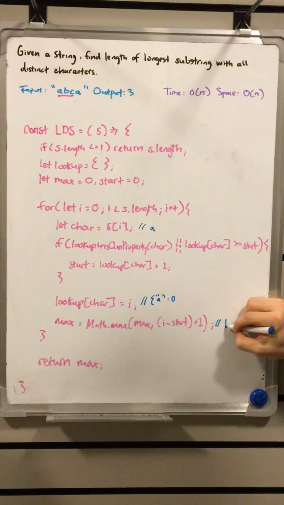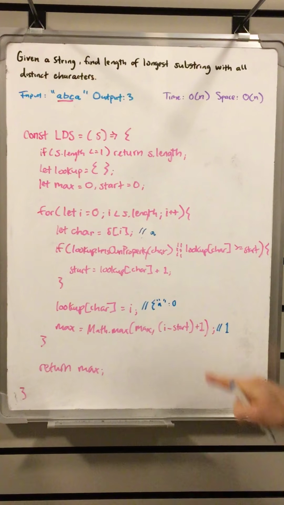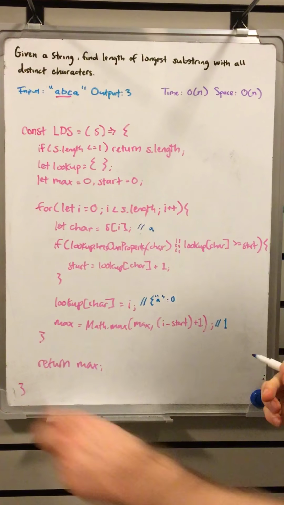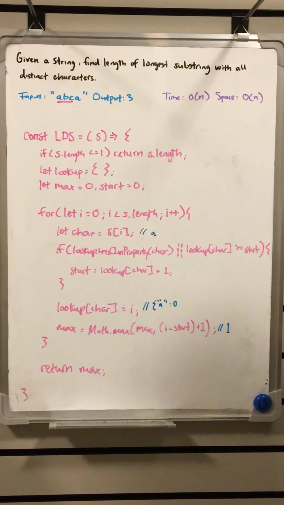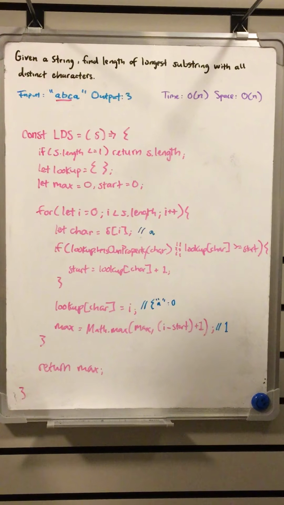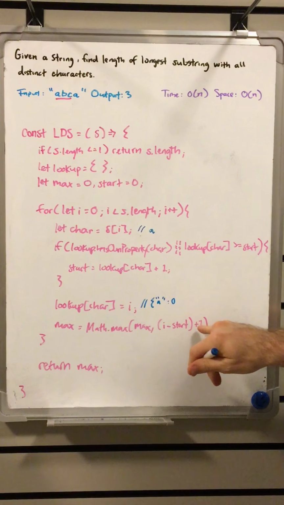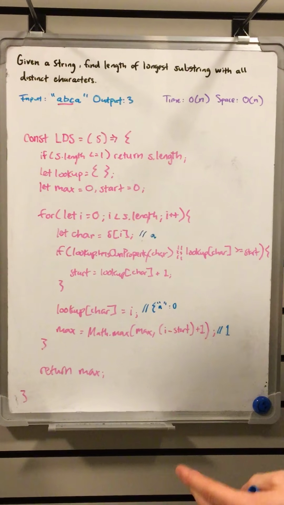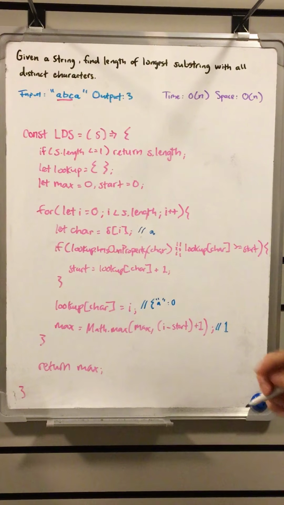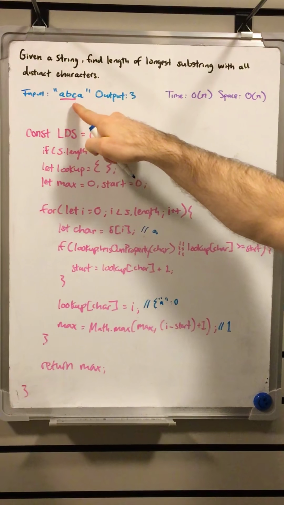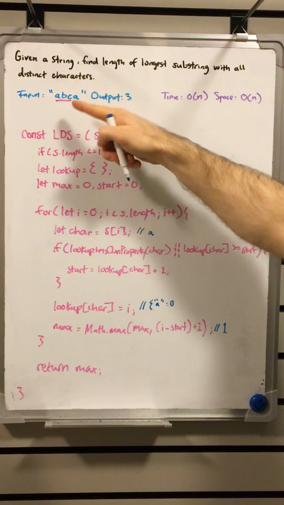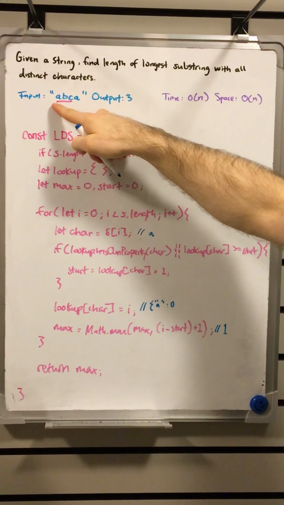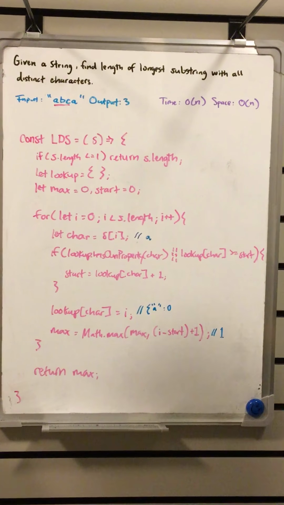We add a 1 to make up for the 0-based indexing. This makes up for that element that we lose in terms of the length, because it'll be 0, 1, 2, 3. We want to make sure that the length is not 2, but it's actually 3. So that's why we added 1 here.